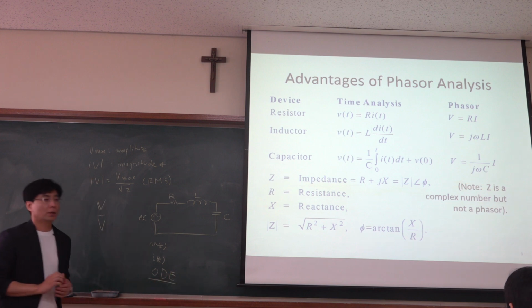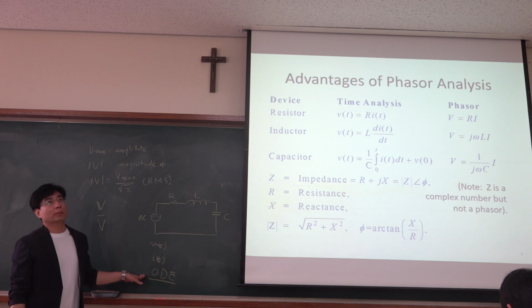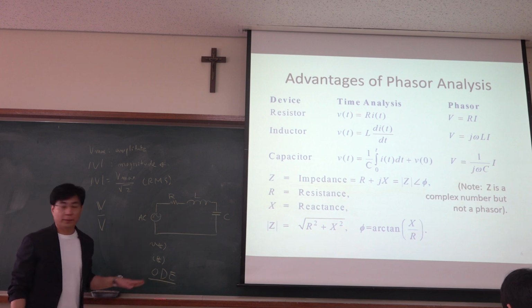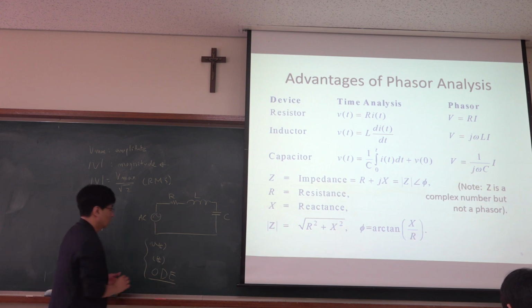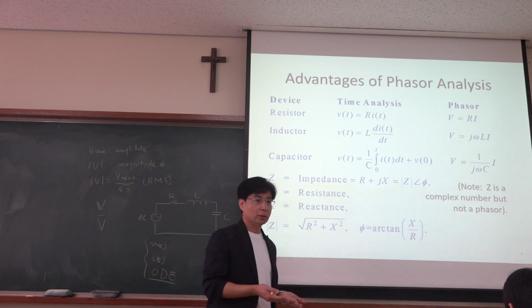You need to solve this ordinary differential equation, and you learn this in engineering mathematics chapter 2, right? And all kinds of ordinary differential equations need to have the initial condition.